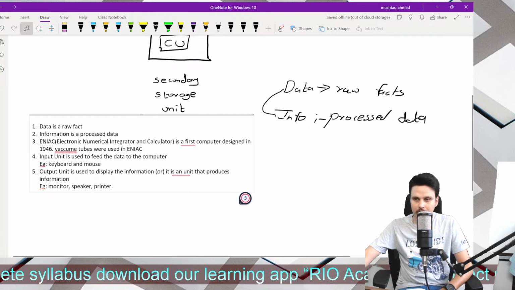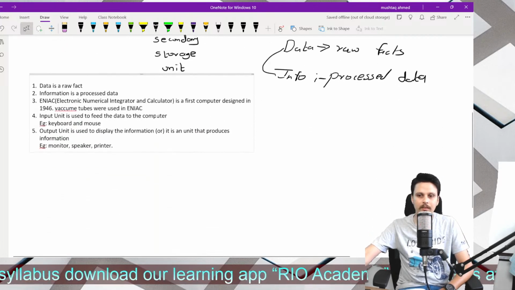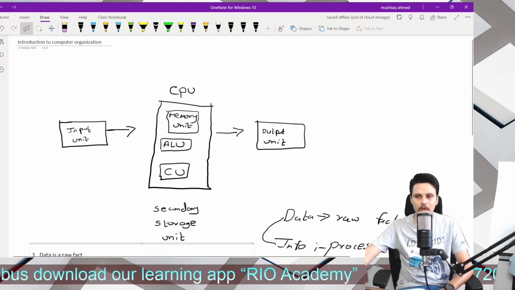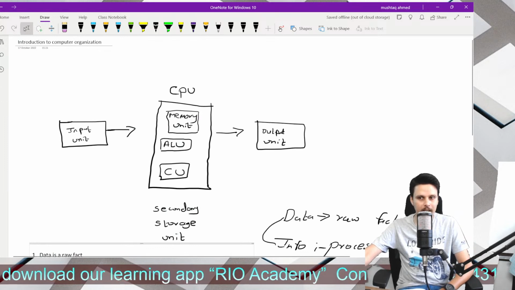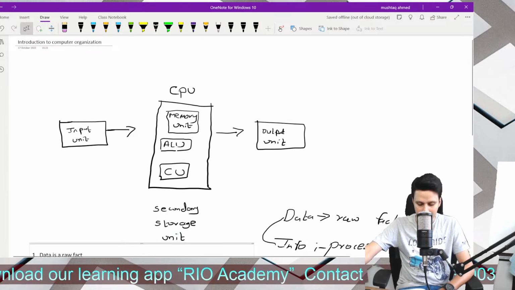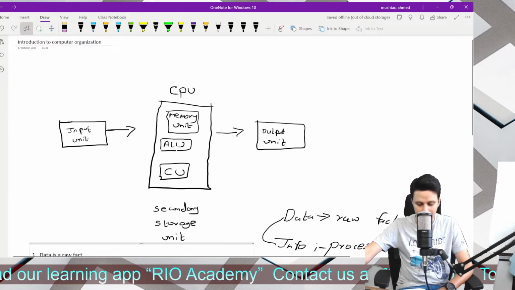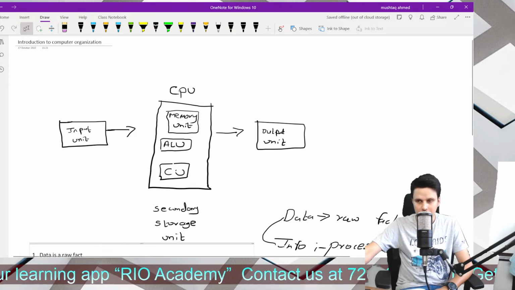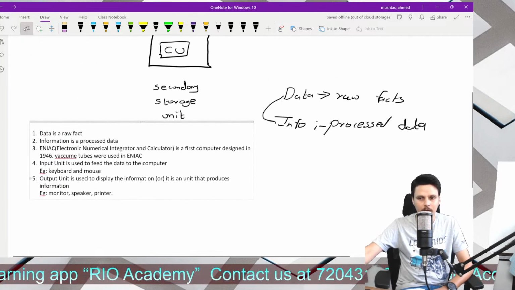So next comes the central processing unit. In that you have memory unit, arithmetic and logical unit, and control unit. Let us discuss the CPU now.